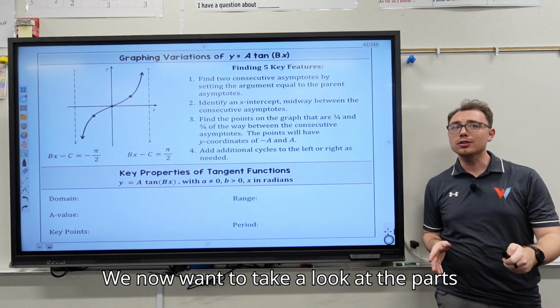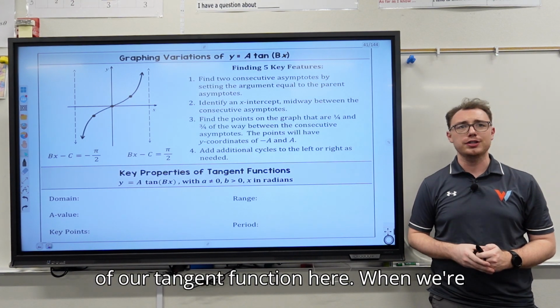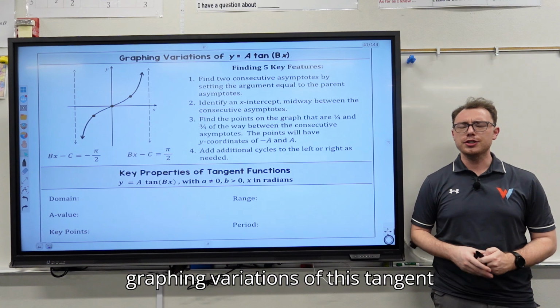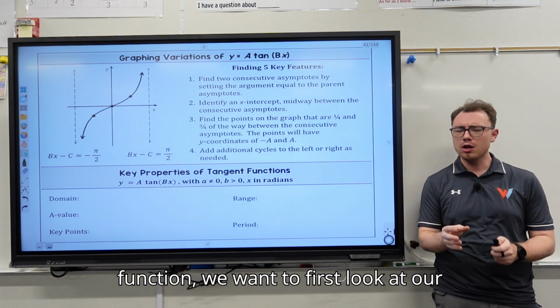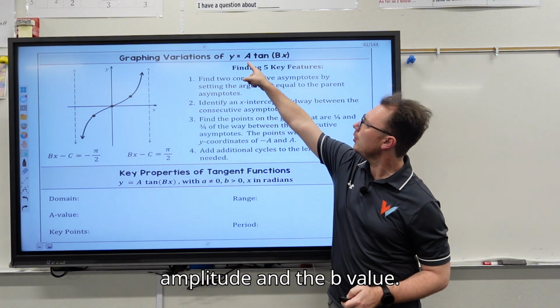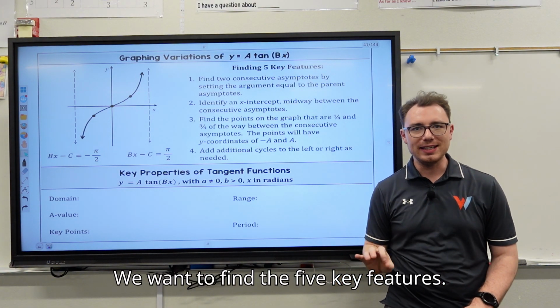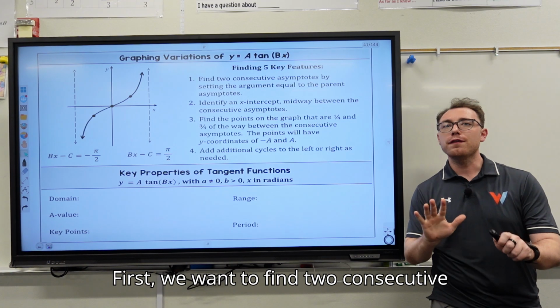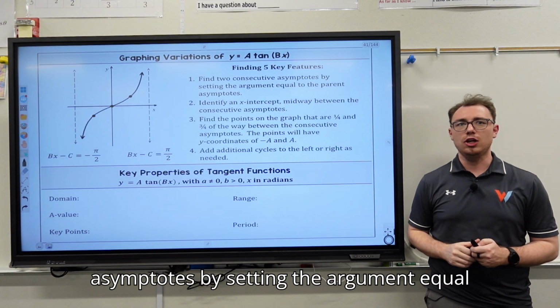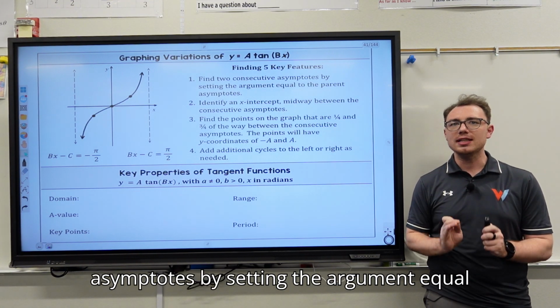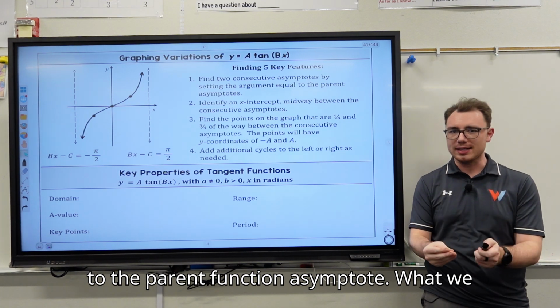We now want to take a look at the parts of our tangent function here. When we're graphing variations of this tangent function, we want to first look at our amplitude and the b value. We want to find the 5 key features. First, we want to find 2 consecutive asymptotes by setting the argument equal to the parent function asymptote.